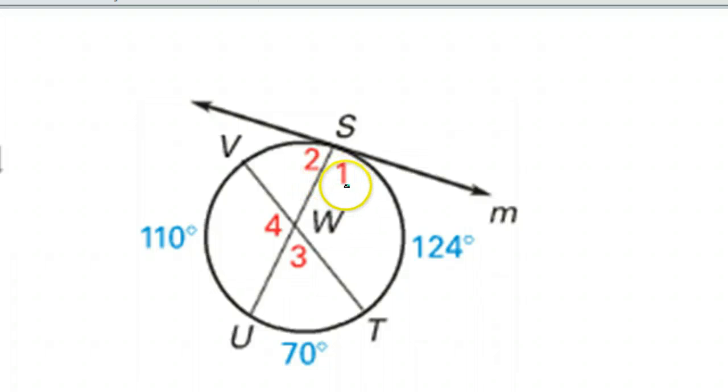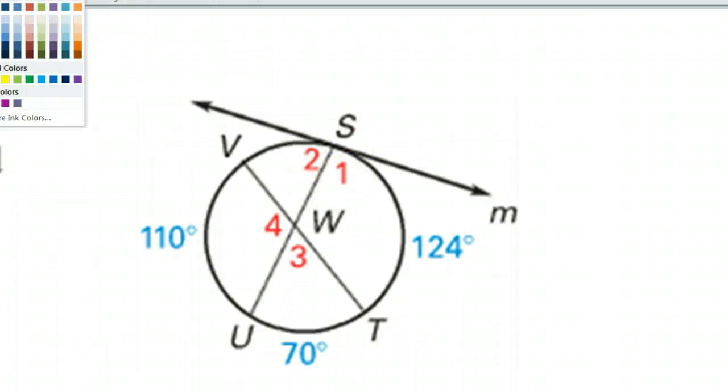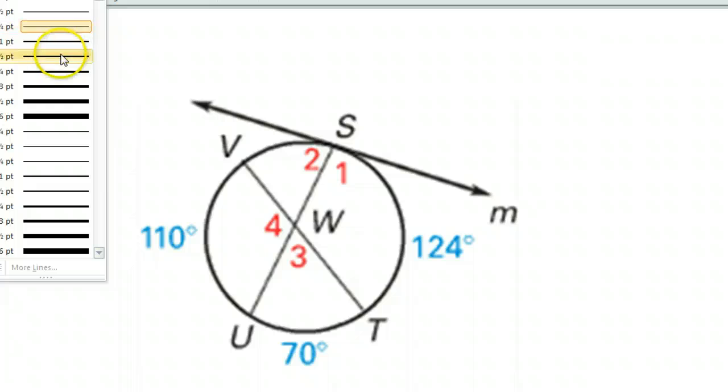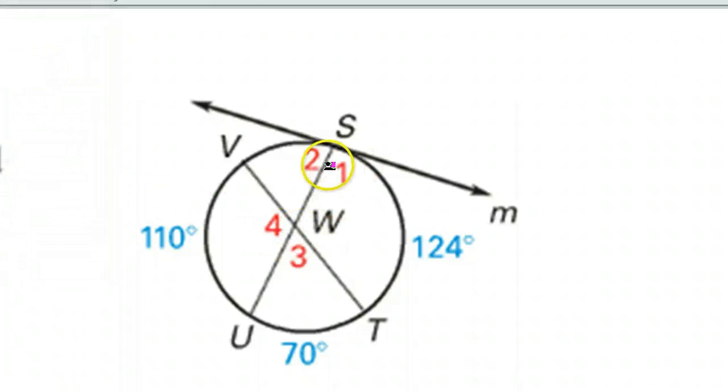So I'm going after angle 1. So I'm going to highlight that. Angle 1 is this angle right here. Now angle 1 has an intercepted arc that I want to focus on.